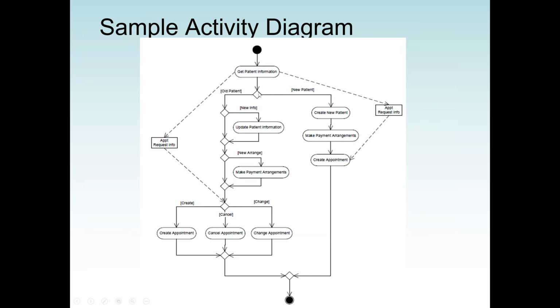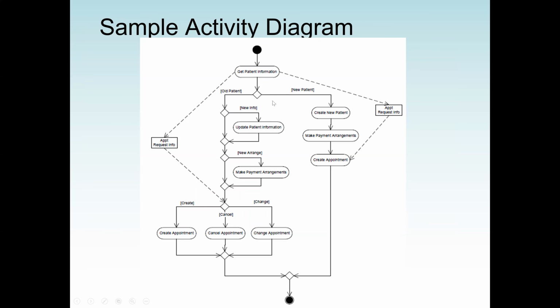So if I'm a new patient, I'll go through the right, then I need to create a new patient file in the system. Then make payment arrangement. What is the register fee? Then create the appointment. So for a new patient, we create a new patient file, we make payment arrangement, then we create the appointment.